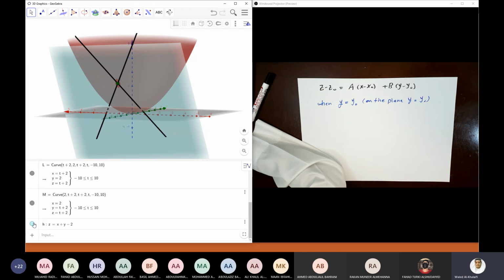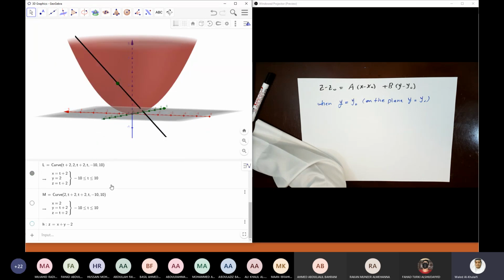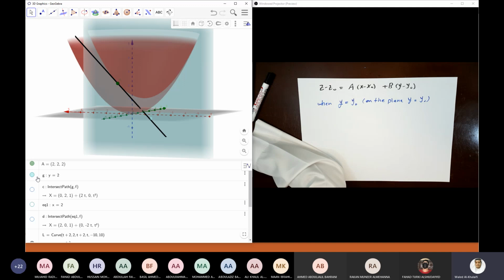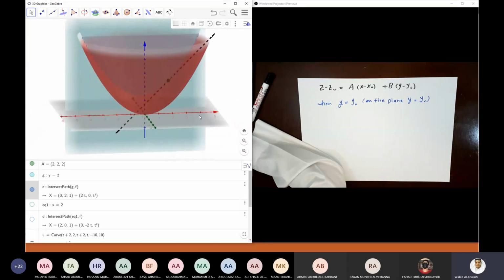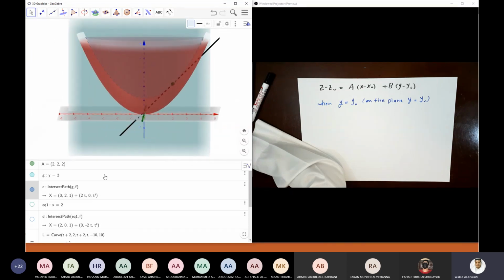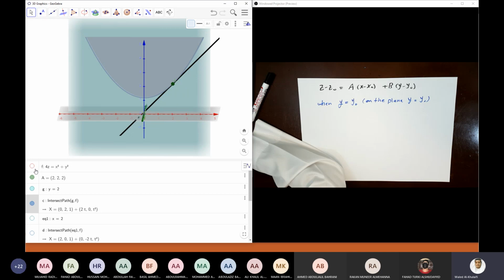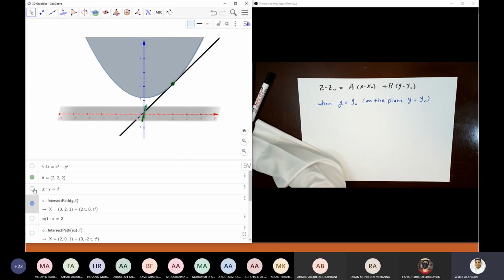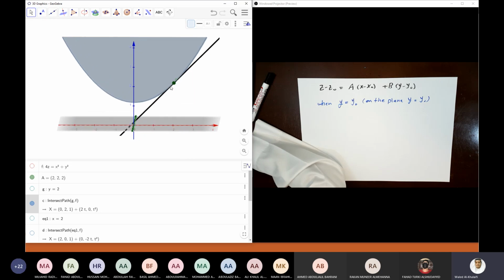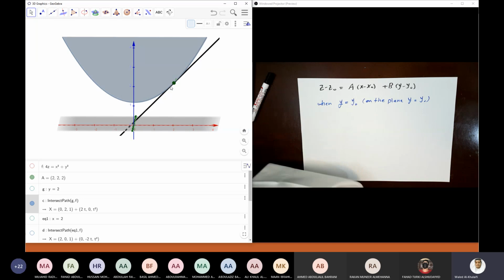So let me hide this one, y equals y naught, meaning we are talking about this one here. Remember what happened here? Let me hide this surface here, Shabab.